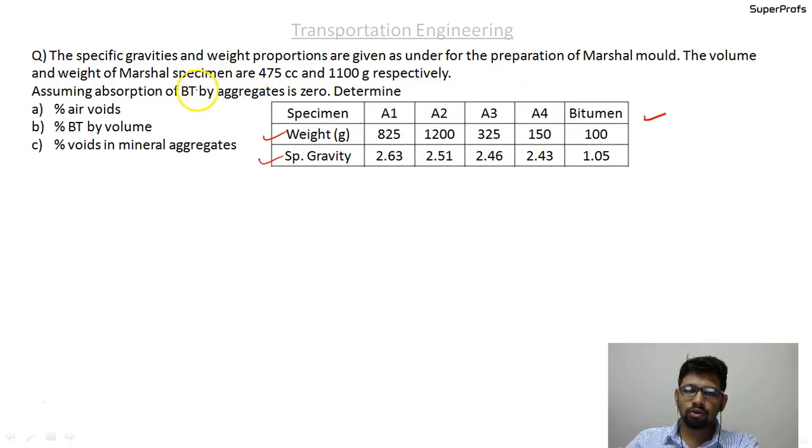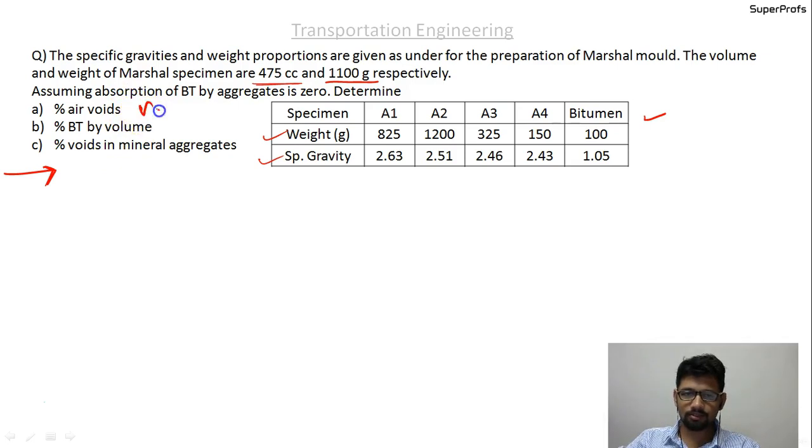The volume and weight of Marshall specimen are 475 cc, that is centimeter cube, and 1100 gram respectively. Assuming absorption of bitumen by aggregates is 0, determine percentage air voids, percentage bitumen by volume, and percentage voids in mineral aggregates.